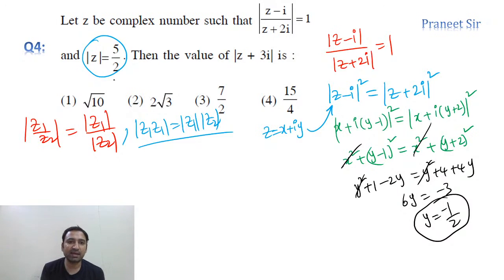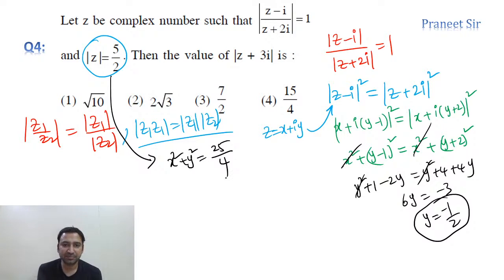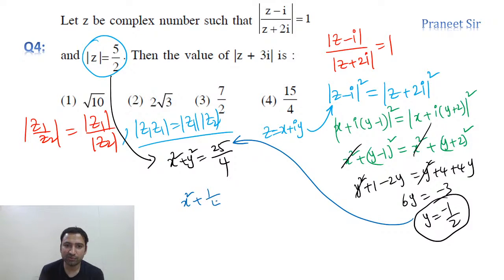Once we calculate the y value, see there is another condition given here. x square plus y square is equal to 25 by 4. This is another equation. Now you substitute the y value here. If you substitute the y value here, can I calculate the x value? x square plus 1 by 4 is equal to 25 by 4.